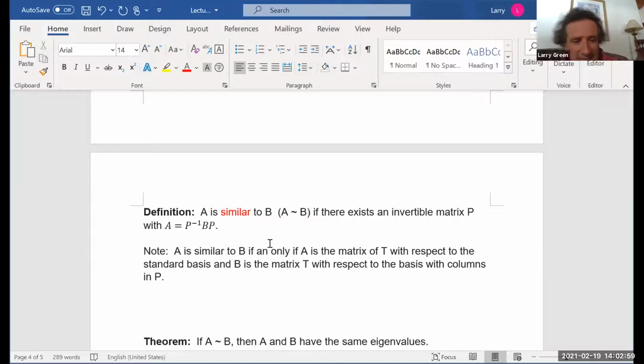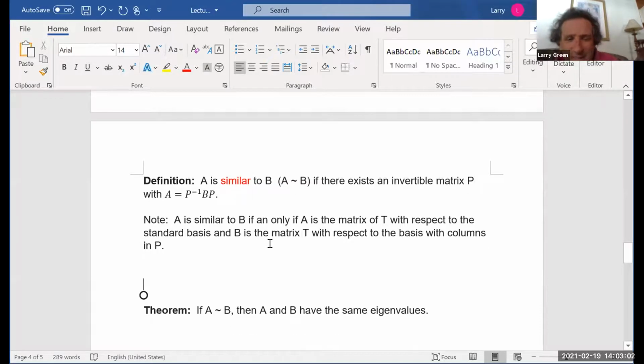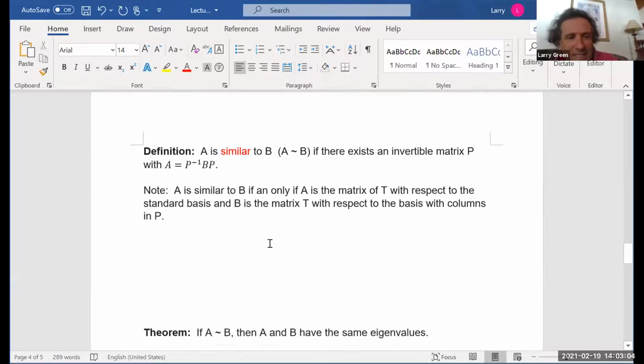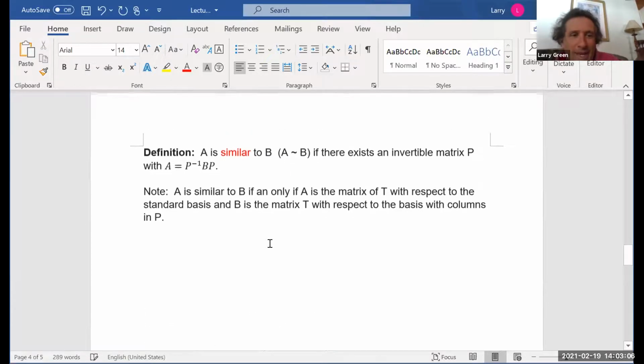So this is the big note that I have, which unfortunately I didn't see in the book. And it's like, come on, book, it's like the whole point.